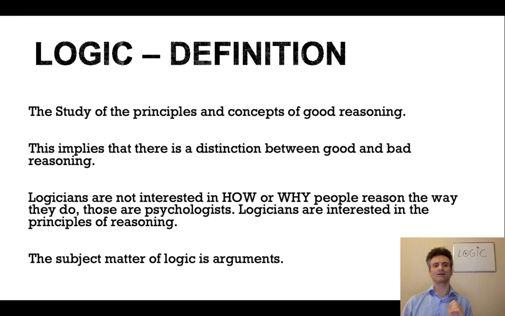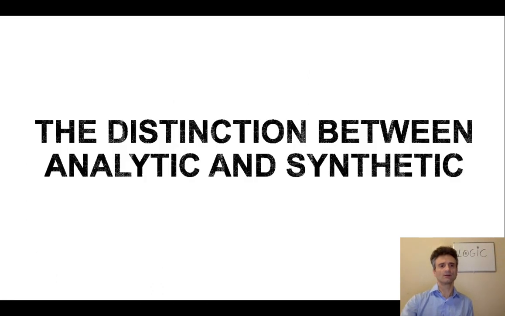But before I return to the definition of arguments and the explanation of what arguments are, I want to explain something very important, not only in logic, but in philosophy in general. And that is the distinction between analytic and synthetic judgments. By judgments, I mean statements or sentences.